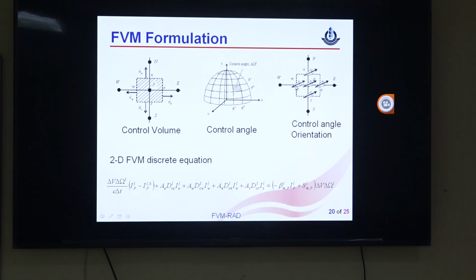So each cone represents a control angle, and in a particular control angle the intensity is the average intensity, at the center of the component. So then the two-dimensional finite volume discrete equation can now be written in this form. So whatever direction functions you see, these are all angular quadrature sets in the discrete ordinates method.